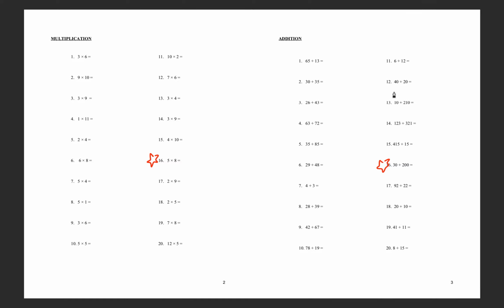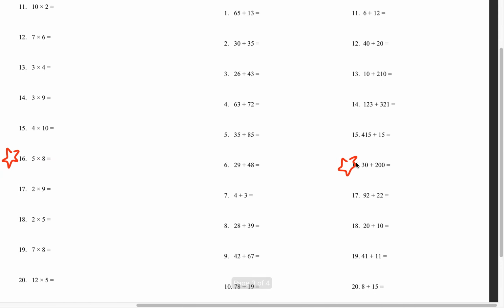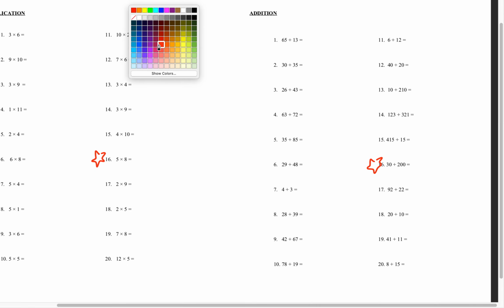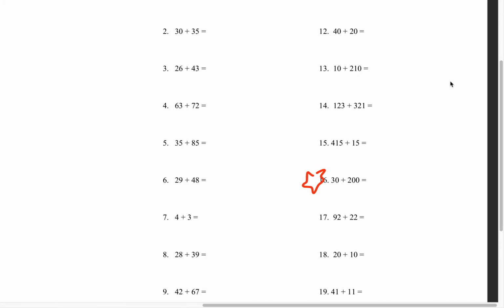We're going to start with addition first. I'm going to only give one example today because I believe you guys already understand this. For this one, 30 plus 200 equals blank. Since we know addition's commutative property, I could just switch the numbers around, put the bigger number on top and the smaller number on the bottom.